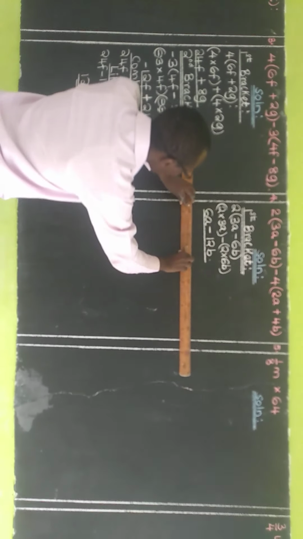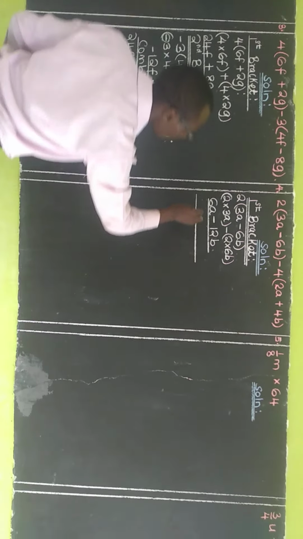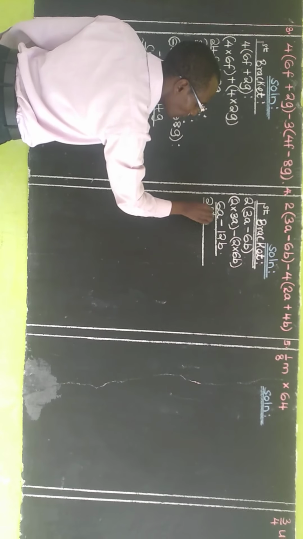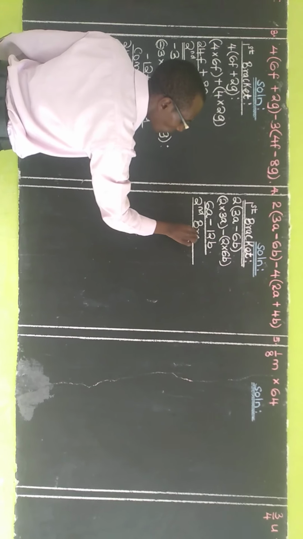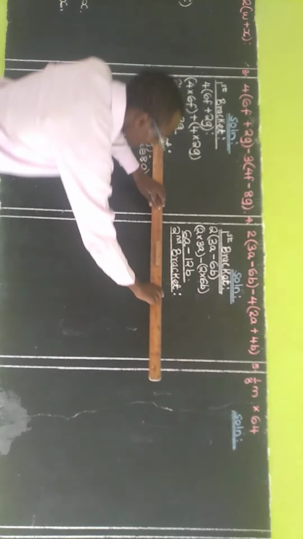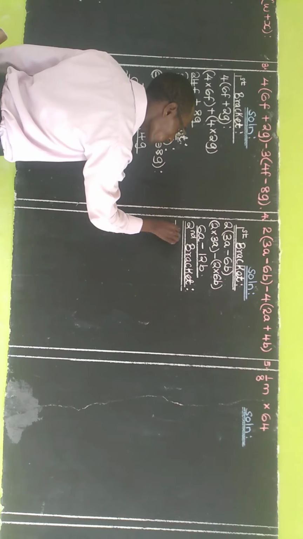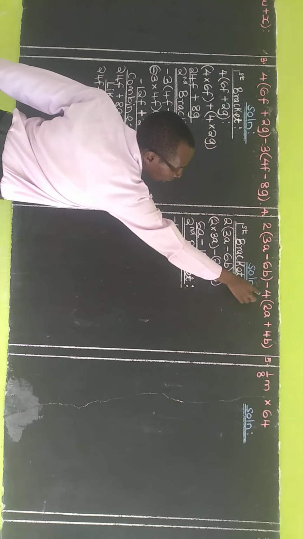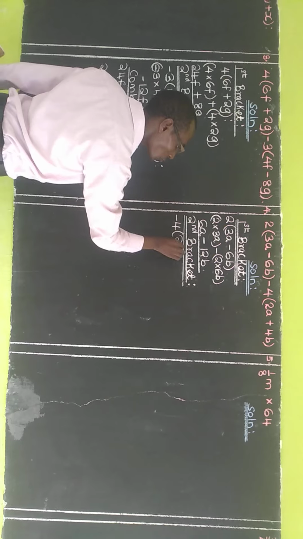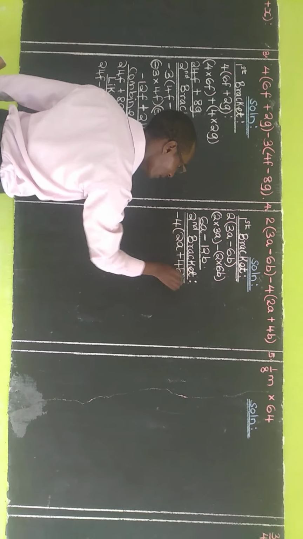When we go on and open the second bracket, in the second bracket we have negative 4 into 2a plus 4b.